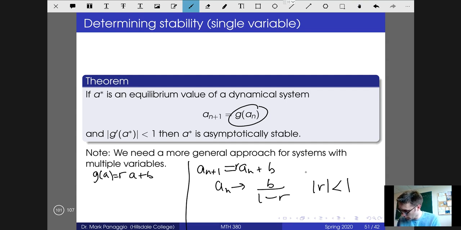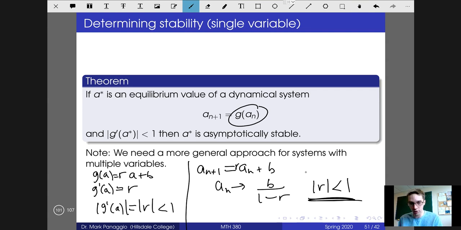That's the right-hand side of our equation. And g prime of a is therefore just r. And so the condition this theorem tells us is that the absolute value of g prime of a, which is the absolute value of r, must be less than 1. Exactly what we argued using a completely different approach, using an analytical solution in a previous video.